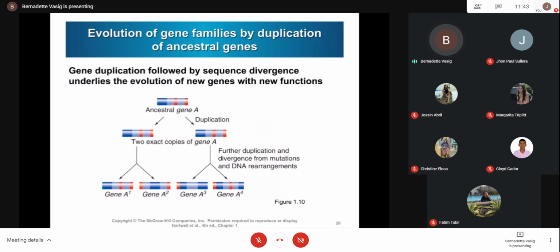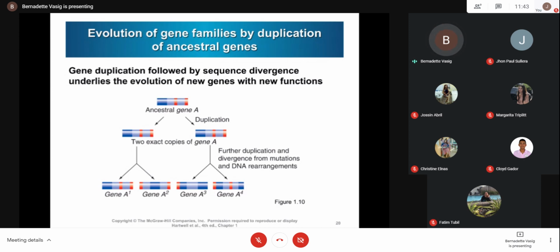So this is an example of gene duplication, in which, for example, ancestral gene A undergoes duplication and then forms two exact copies of gene A. However, further duplication causes a divergence in this gene A family.